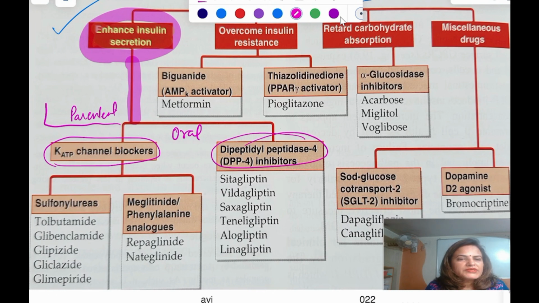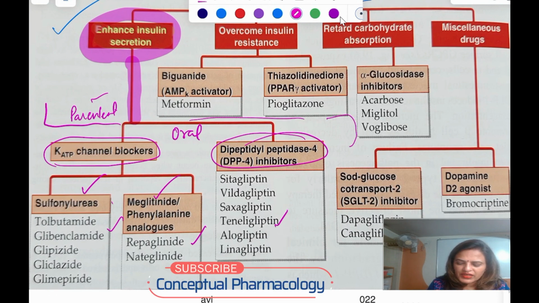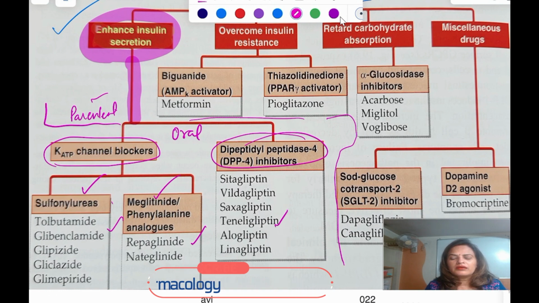With the ATP sensitive potassium channel, we have sulfonylureas and Miglitinides. So this is over. In the next video, I will be covering the rest of the anti-diabetic drugs.